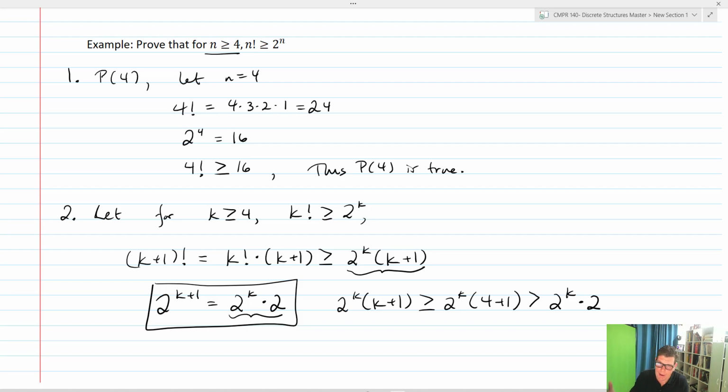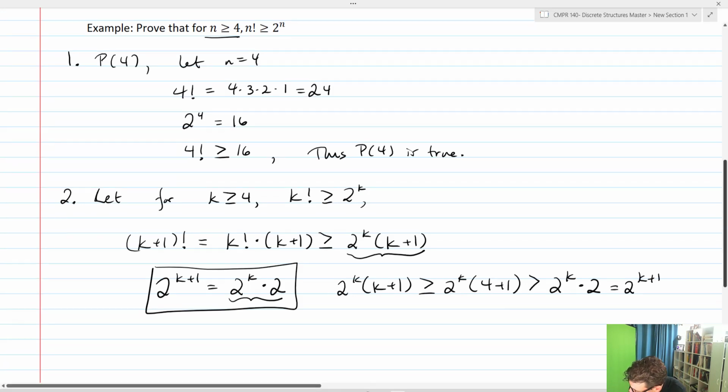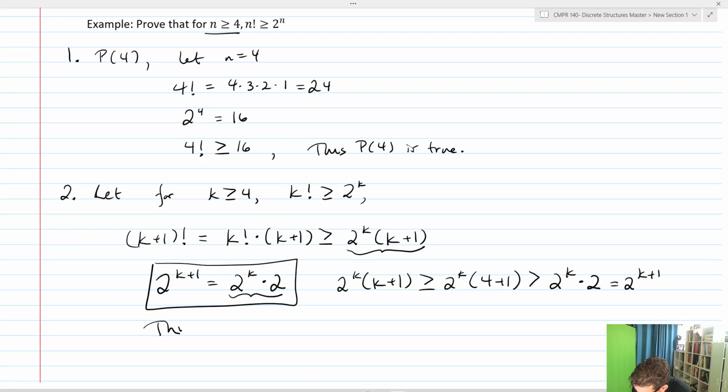We all agree that's true. And this is equal to 2 to the k plus 1. Thus, k plus 1 factorial, which is what we started out with, is strictly greater than 2 to the k plus 1. Ta-da! And we're done.